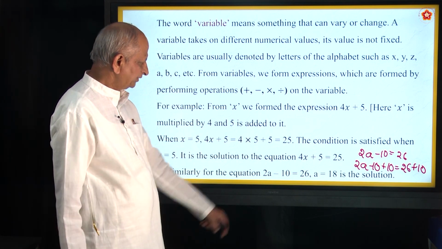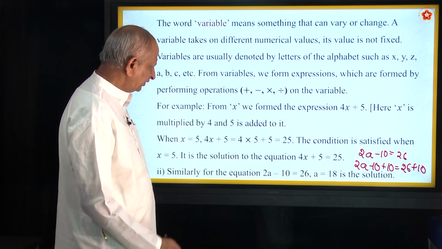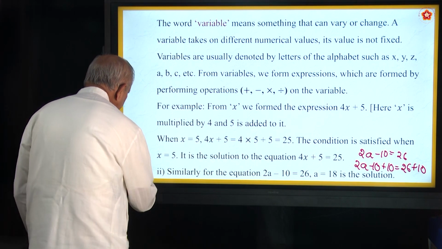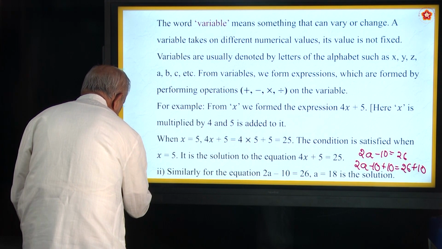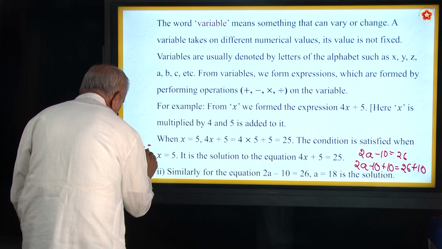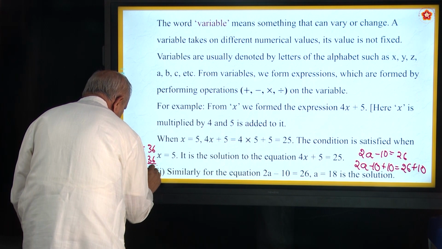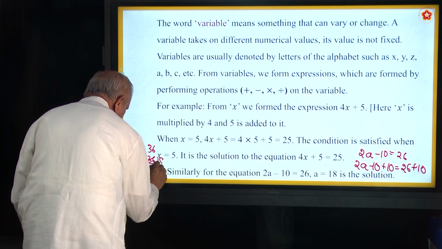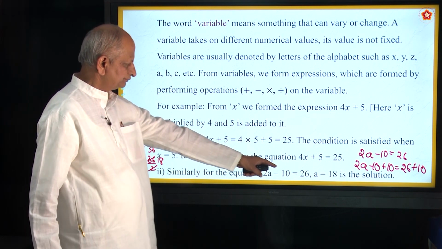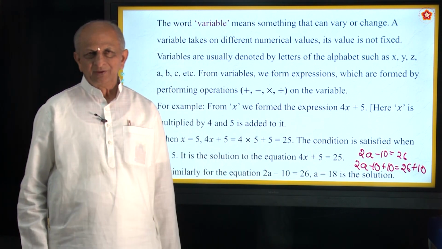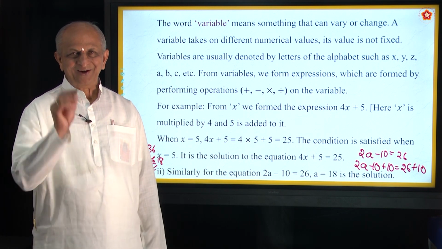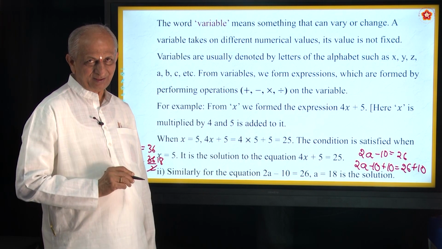what do you get? So, 10 and 10 cancel. You get 2a is equal to 36. A is equal to 36 by 2, that is 18. That is how you got 18. It is called the solution of the equation.